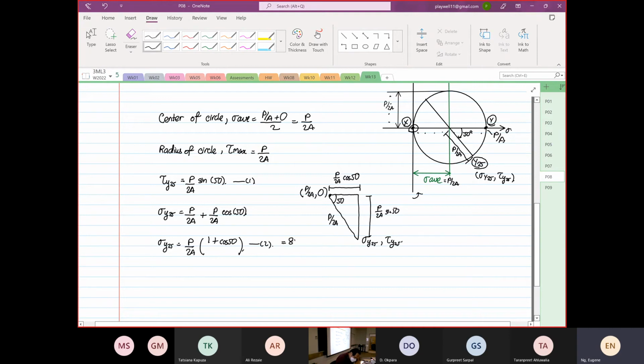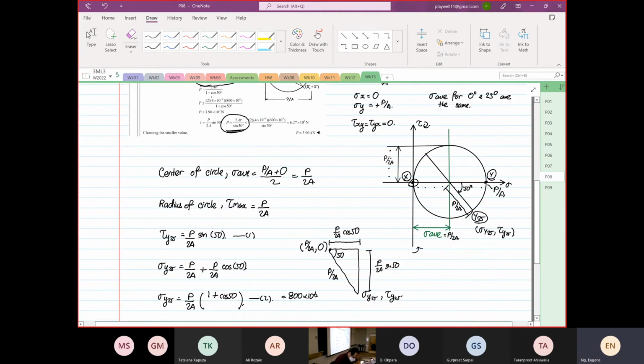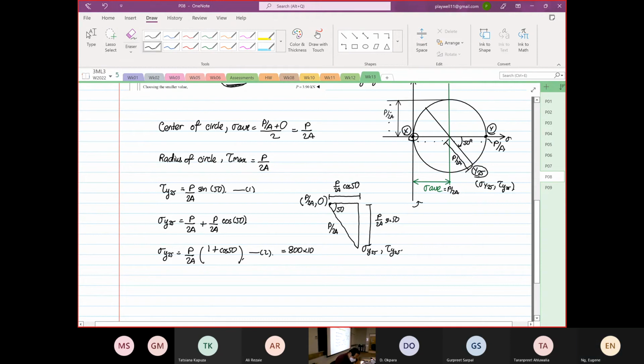is equal to 800 times 10 to the power 3, because that is what is given. So due to normal stress, we are going to calculate, where the normal stress is equal to 800 times 10 to the power 3.